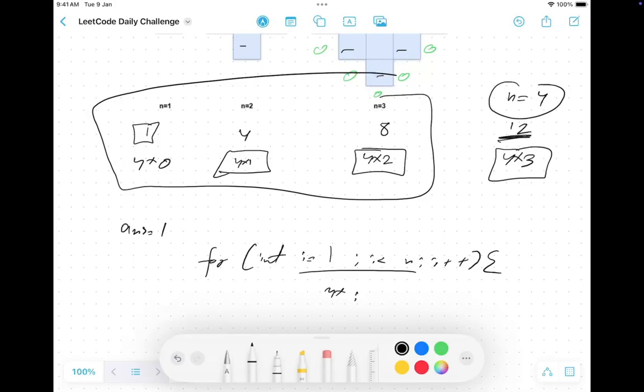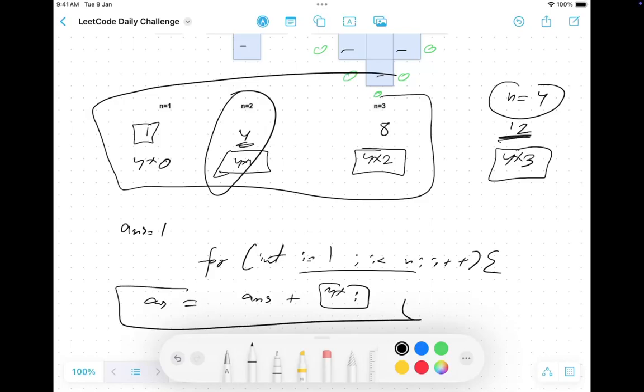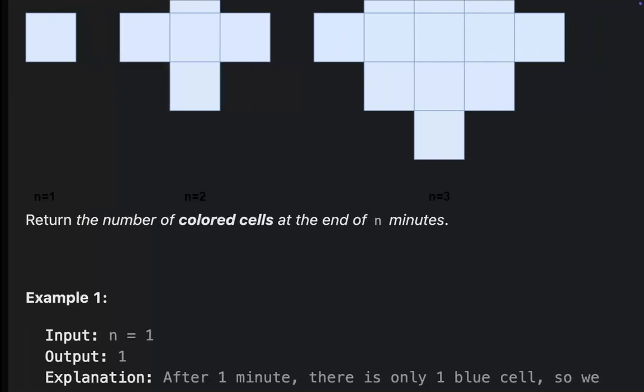So in our second minute we have 4 times 1, meaning 4 new cells, and this adds up onto our answer. So answer is equal to answer plus that many new cells, and at the end just return the answer.